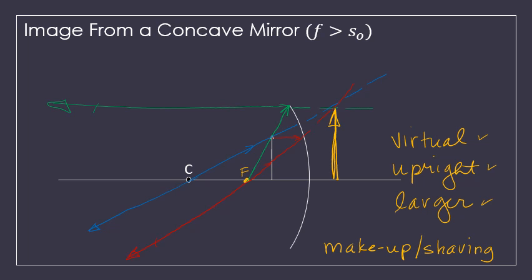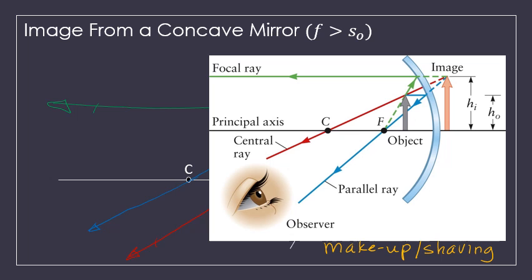But if you take that makeup mirror or shaving mirror and leave it on the wall and back up from it, you're going to notice those other two cases that we just talked about in the previous constructions. So here is the image from your book, and it shows the same things that we drew, but again, we're just emphasizing those pieces.